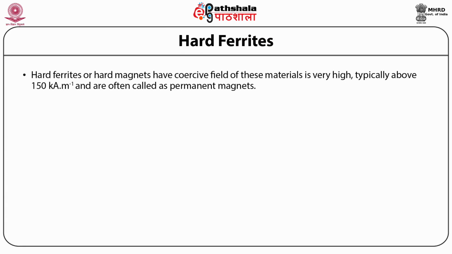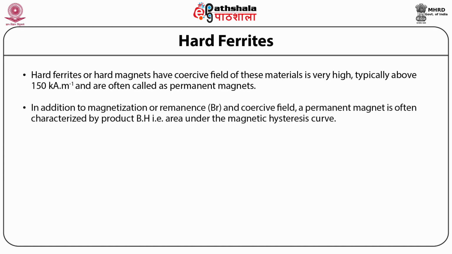Hard ferrites, or hard magnets, have a high coercive field, which is typically around 150 kiloampere per meter, and they are often called permanent magnets. This is because these materials are able to withstand any demagnetizing effects that may arise either internally or externally.